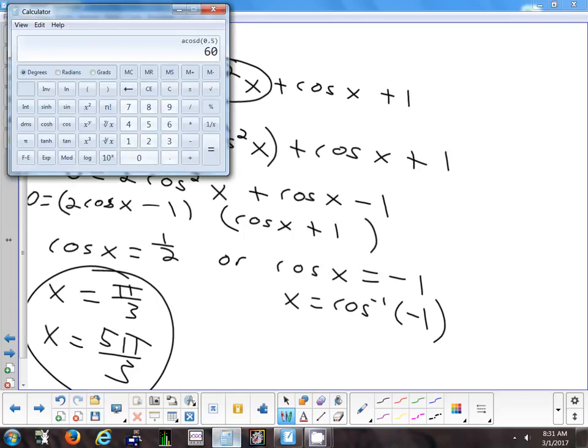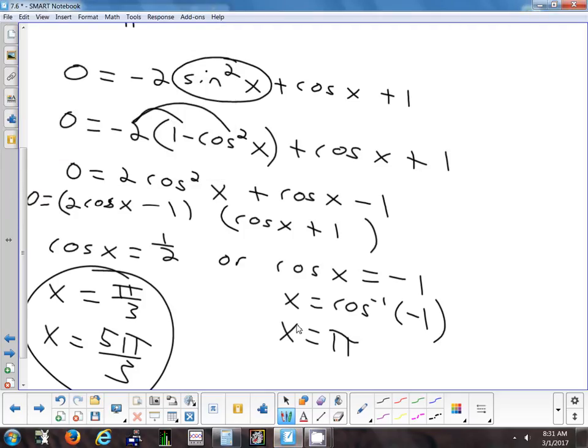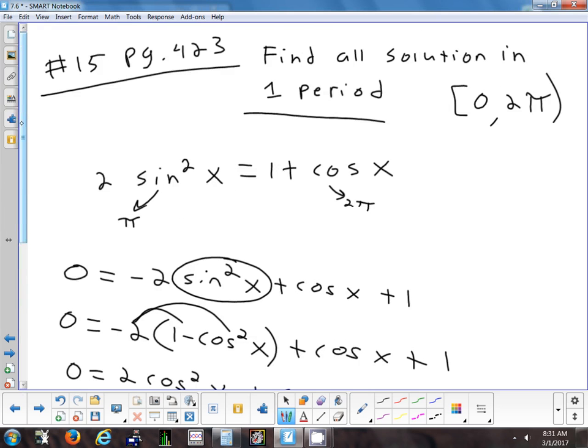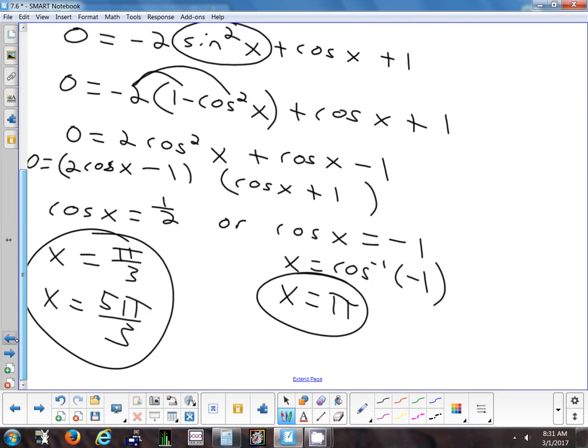Let's double check. Okay, and all those answers are between 0 and 2 pi, so that's what they wanted. Questions on that one?